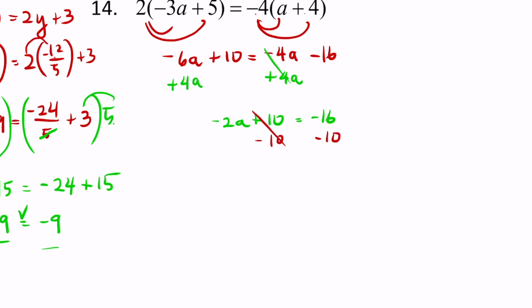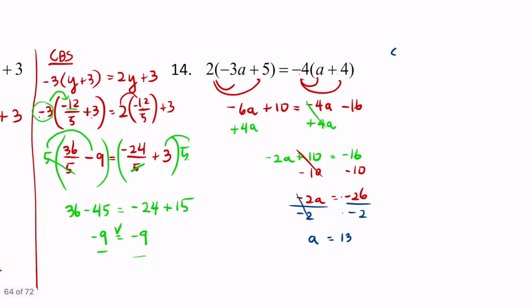So you're left with negative 2a equals negative 26. So how do I get rid of negative 2 so that a is by itself? I divide the whole term by the coefficient. Negative 2 divided by negative 2. So you have a is equal to positive 13 because negative divided by negative is positive.